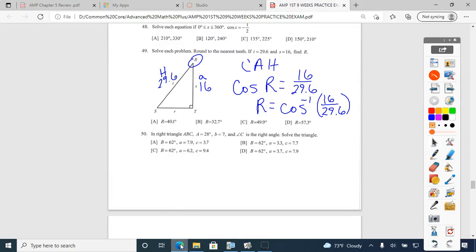So my answer is 52 point something. Wrong. Did I mess up again? How did I mess up? On R. So here's R. R is adjacent. Oh, yeah, S is adjacent. T is the hypotenuse. Okay, so what am I doing now?